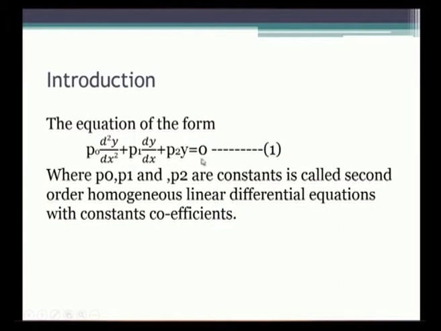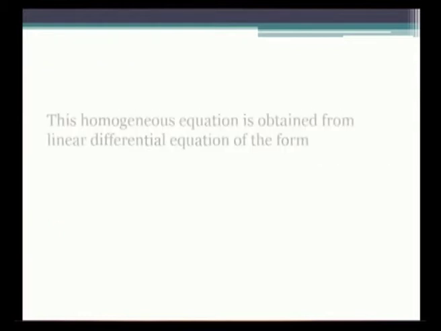The right hand side of the equation is 0. So, this is a homogeneous linear differential equation, and the order of this equation is 2, because the highest derivative in this equation is the second order derivative. So, this equation is a second order homogeneous linear differential equation with constant coefficients.